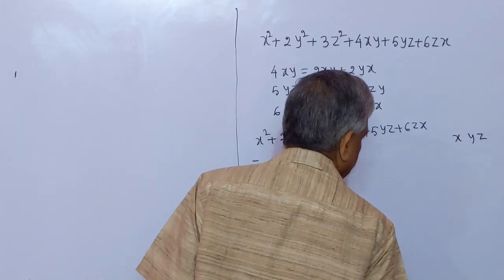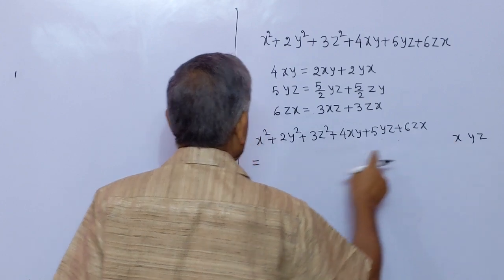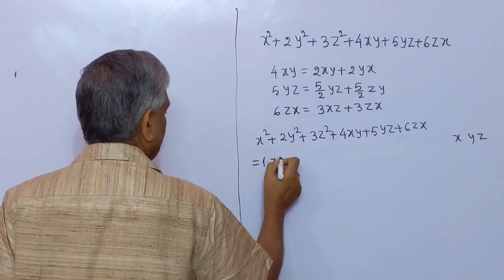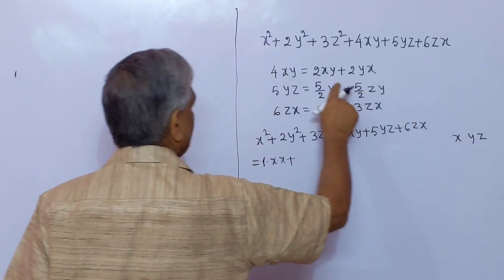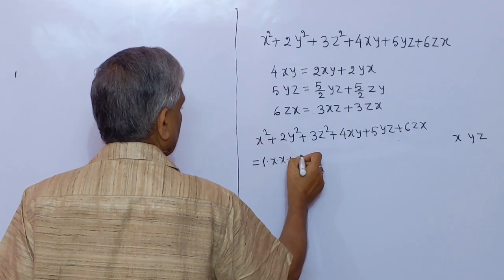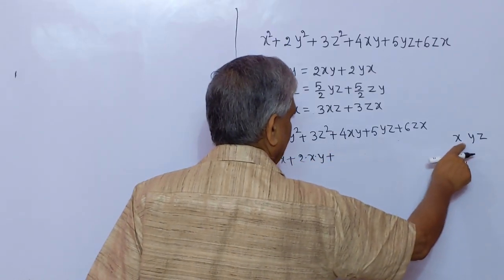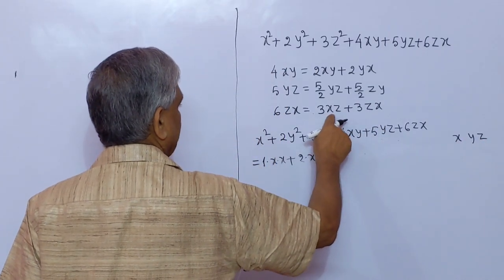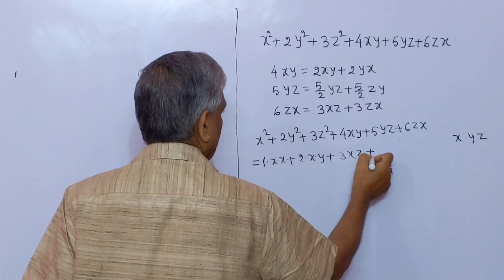here we write x, y, z. Firstly x multiply x, here 1 into x multiply x, then x multiply y, here 2 multiply x multiply y, then x multiply z, plus 3 xz.